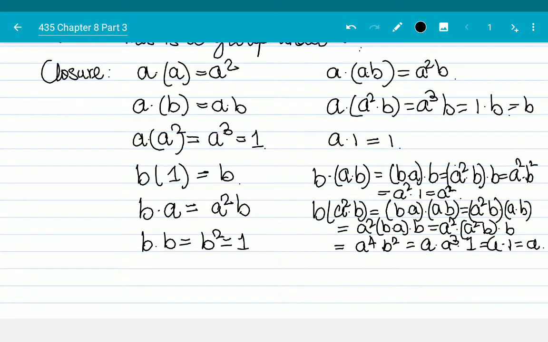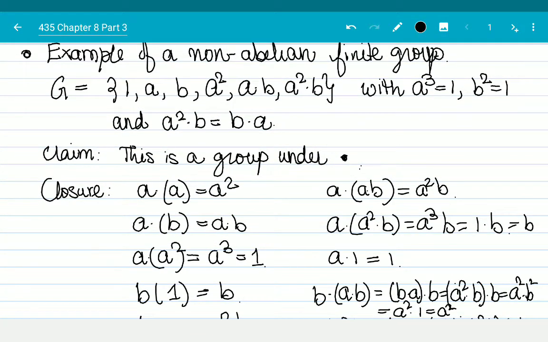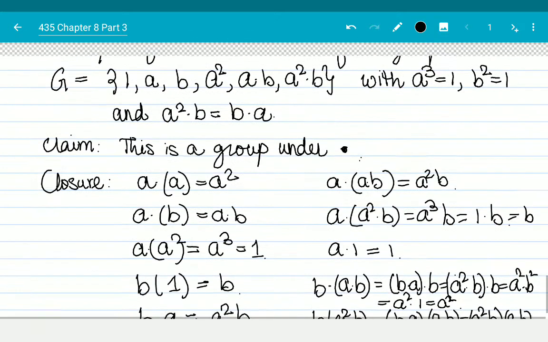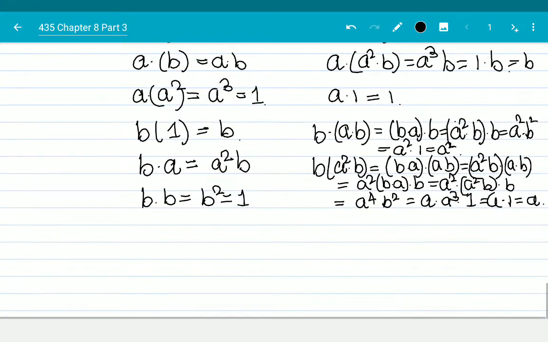And what's the final one left? Did I do b times b? Yeah. B times 1, b times a, b times b, b times ab, b times a squared b. I forgot to do b times a squared.